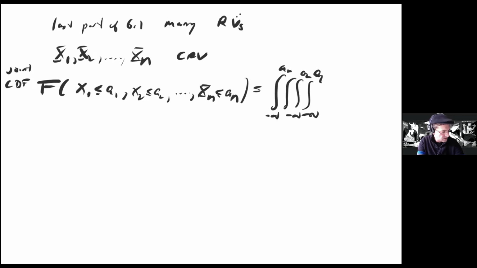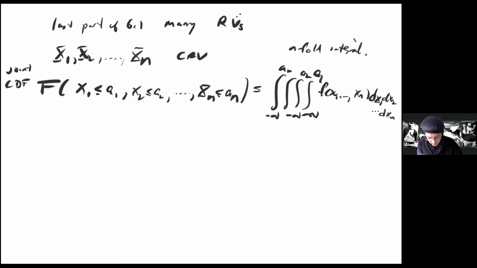And then you would have some function f of x1 through xn, and then you're integrating with respect to dx1, dx2, etc., all the way up to dxn. So this is an n-fold integral. Okay, so you have a multiple integral, not just a double integral. It could be a triple integral. It's going to be a fourfold integral, depending upon how many variables you have.